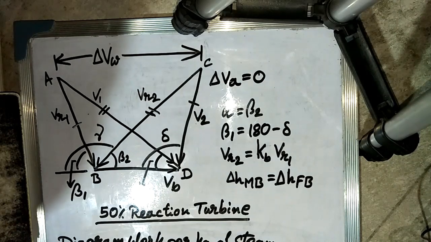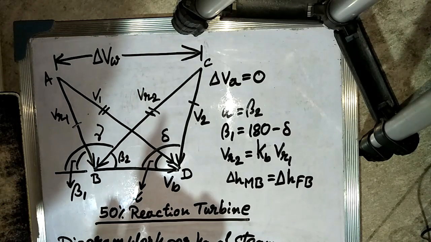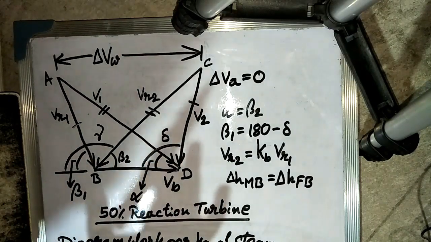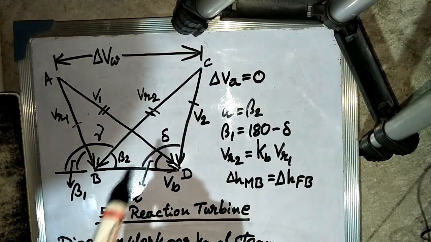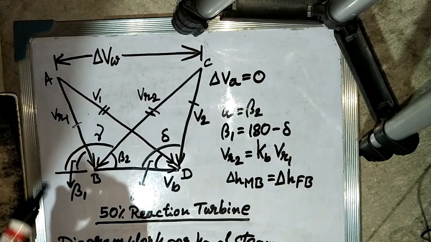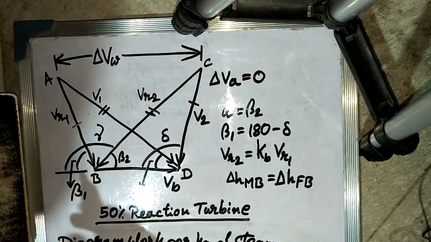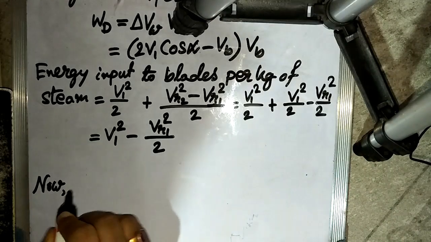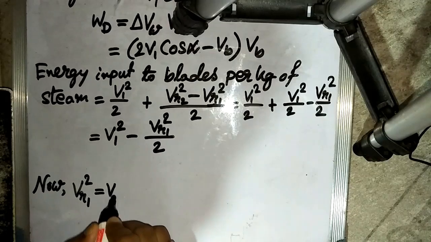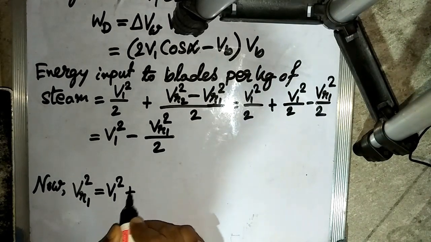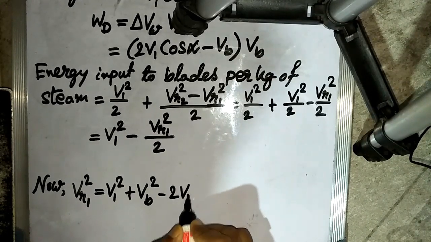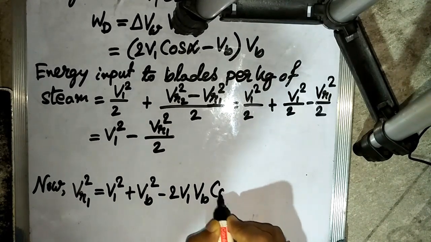If we consider VR1 as a resultant vector, then from the vector triangle law, we can write VR1 square is equal to V1 square plus VB square minus 2 V1 VB cos alpha.